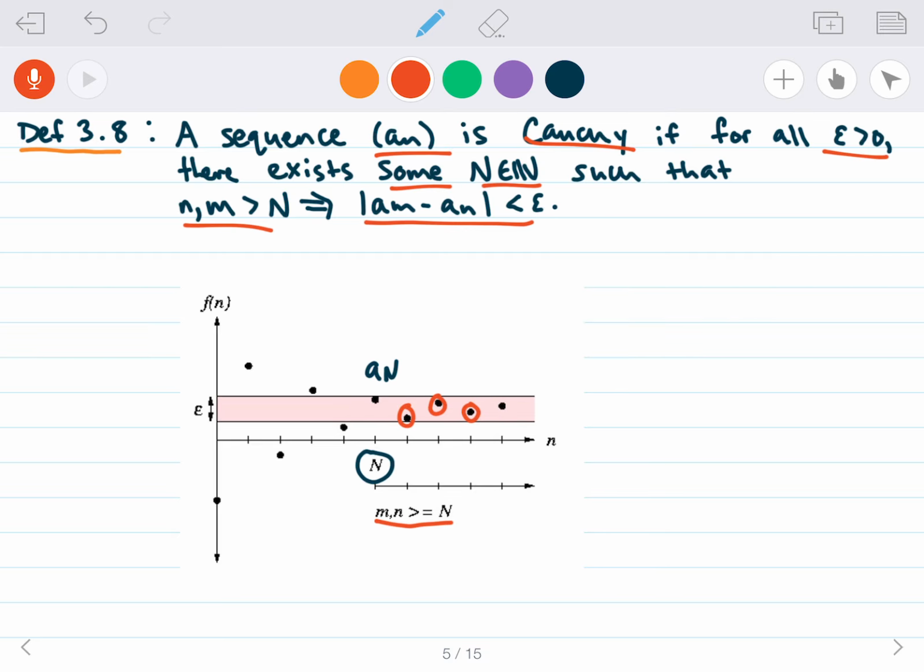The distance between this guy and this guy is also within the epsilon neighborhood, etc. So that's the idea of what it means to be Cauchy. And it turns out that Cauchy does imply convergence and vice versa, and we're going to prove that in a little bit.